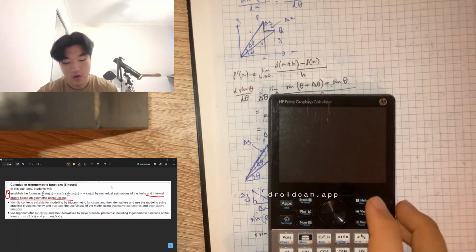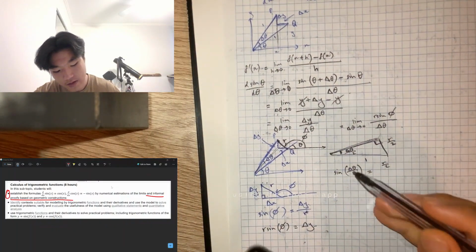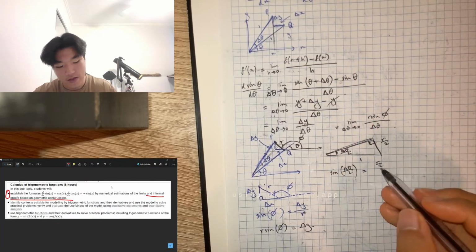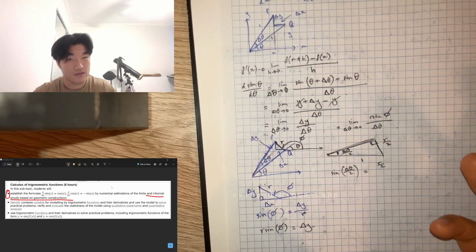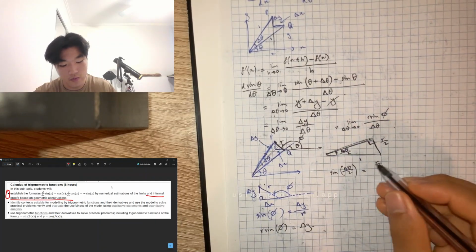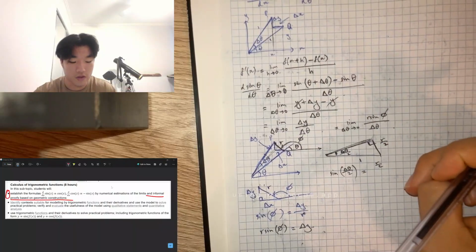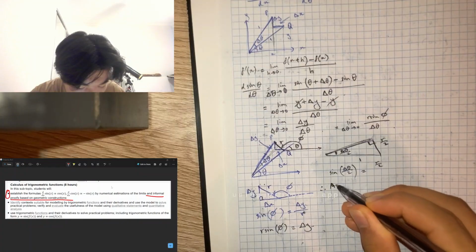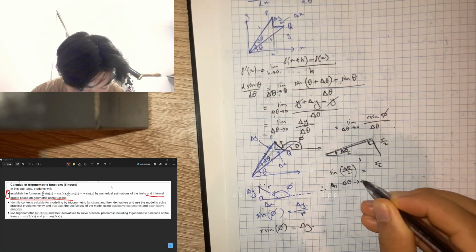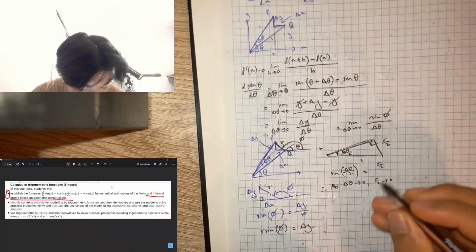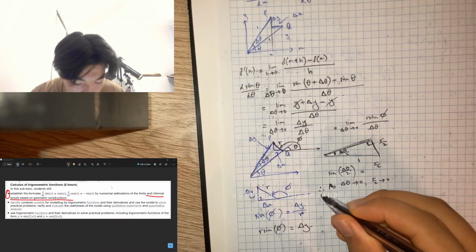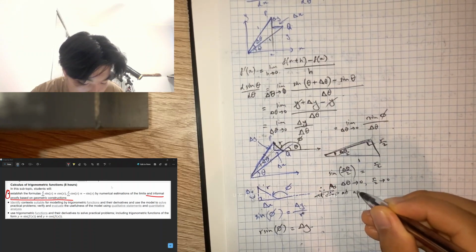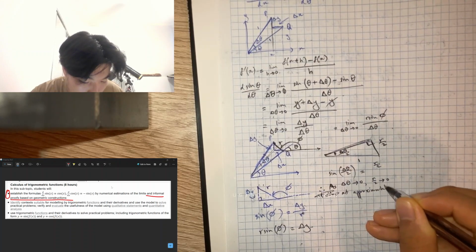Okay, so we see a common trend: as the angle we input, delta theta over 2, decreases and approaches 0, then this also approaches 0 at essentially the same rate. So if you were to divide these two with each other, you'd get 1. Therefore, as delta theta approaches 0, r over 2 approaches 0 at approximately the same rate.